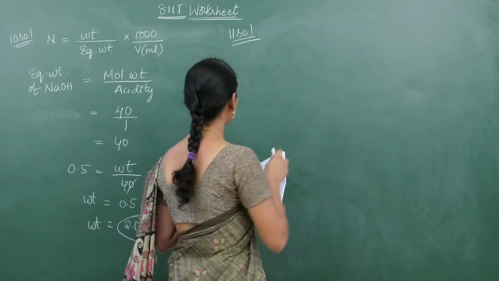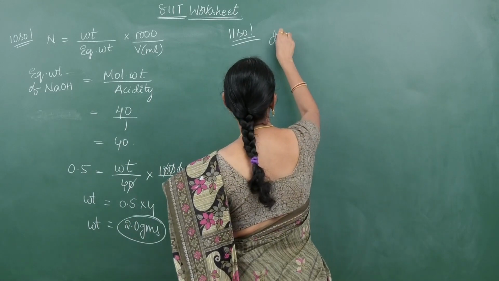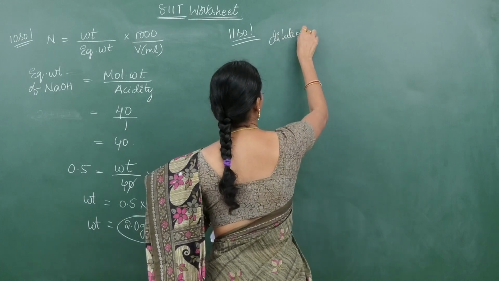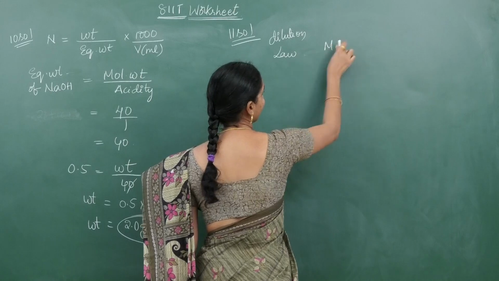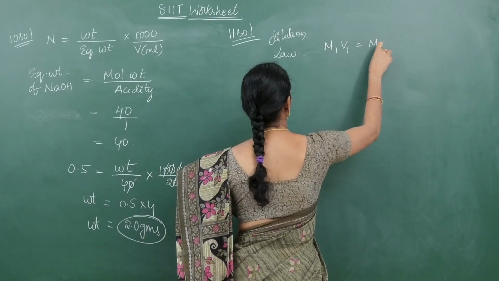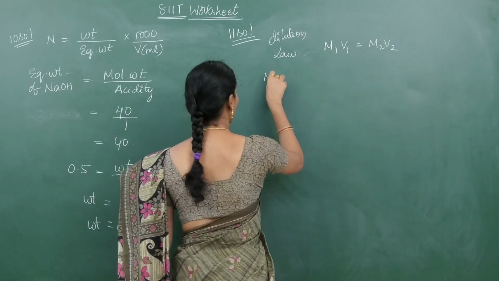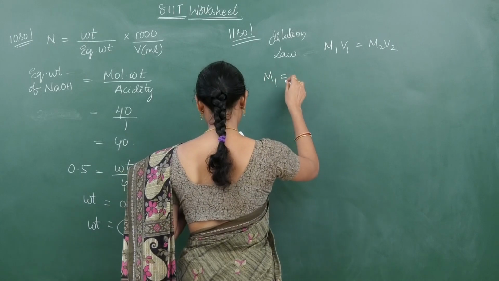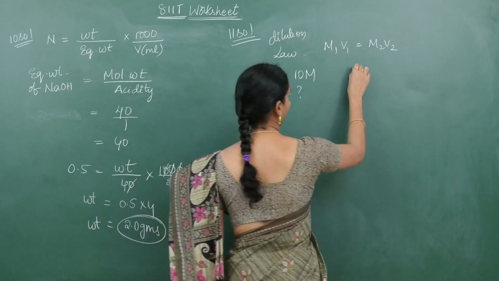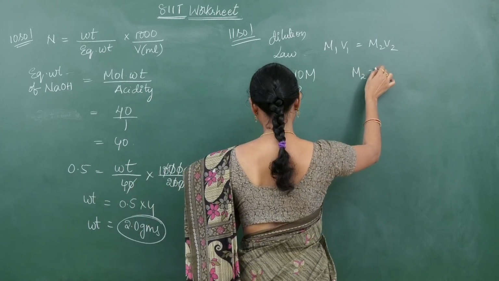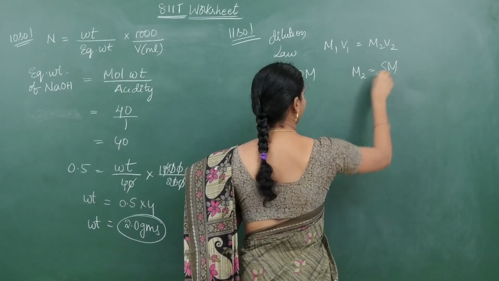So the formula we have to use here is the dilution law. So dilution law's formula is M1 V1 is equal to M2 V2. Initial molarity is given as 10 molar. Volume we have to calculate. Final molarity is given as 5 molar.